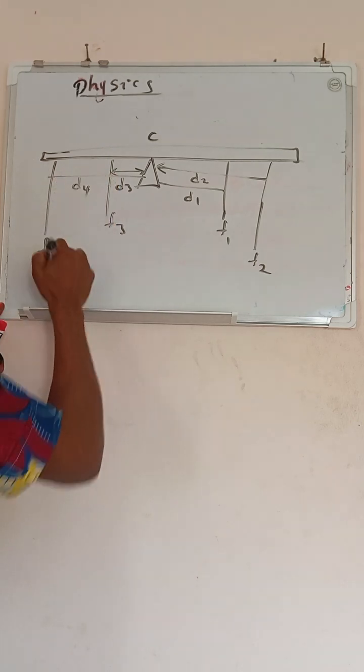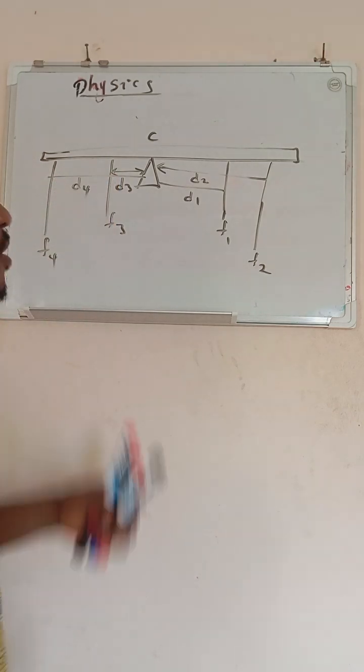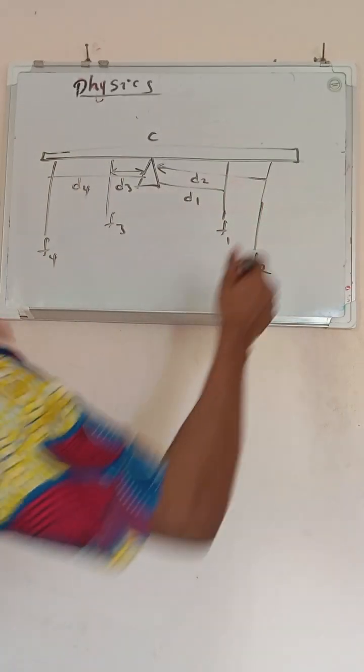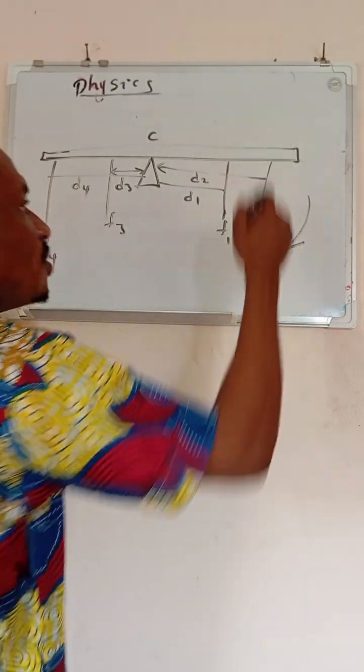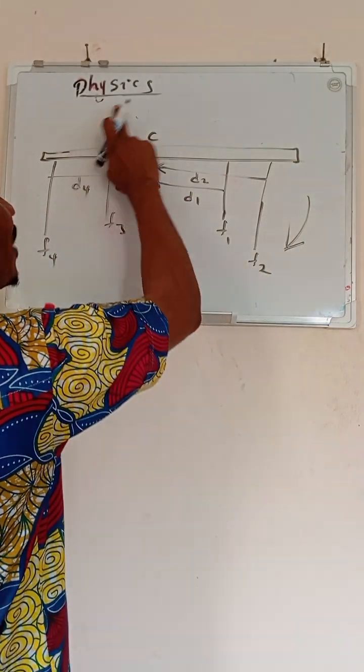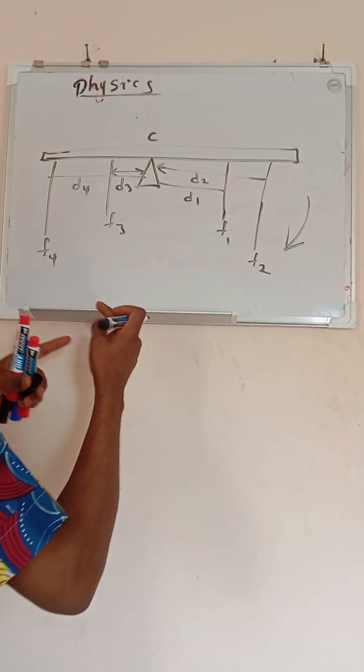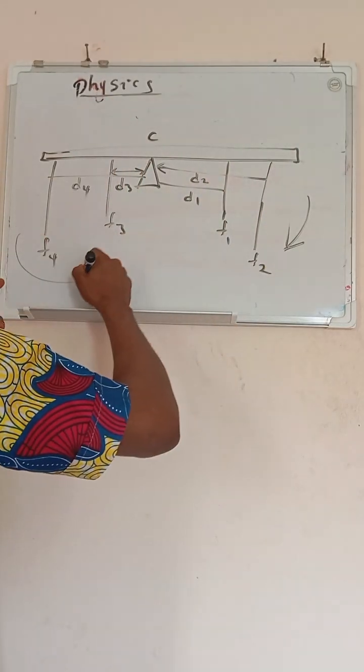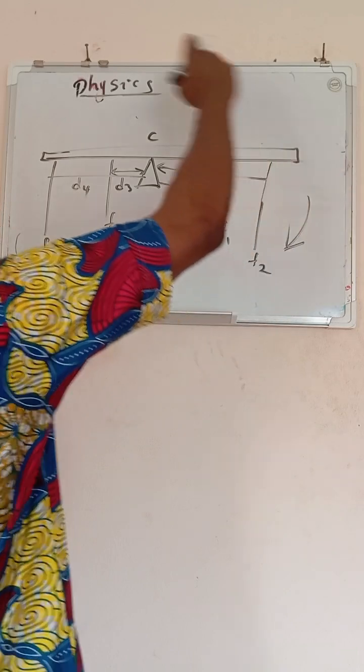This is force 4. So according to the principle of moments, this side is called the clockwise moment, the way the hands of a clock move. And this side is called the anti-clockwise moment.